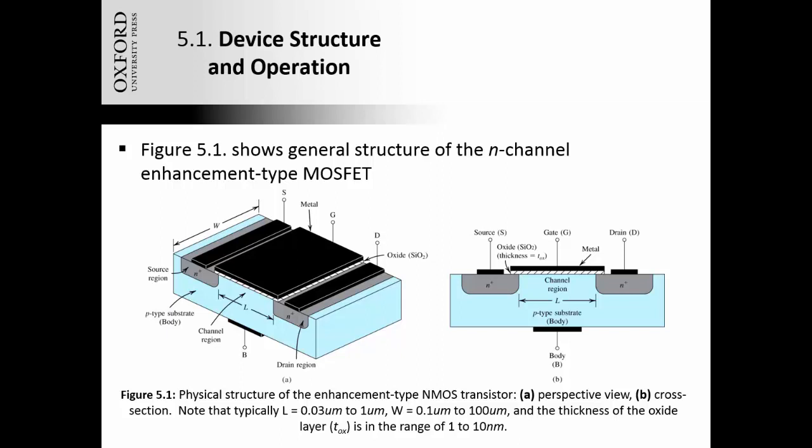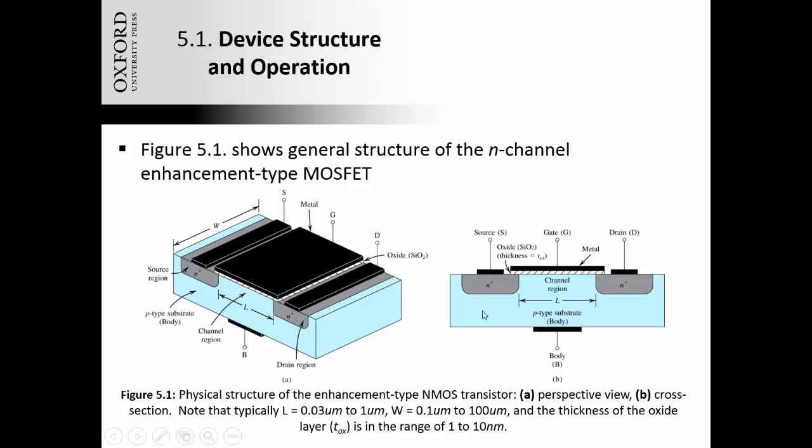But there are devices, depletion mode MOSFETs, that actually start out as having a channel, even without the application of a gate voltage, and then you can deplete them by applying the appropriate polarity of gate voltage. You can then turn off the channel. Okay, so again, we'll be looking at the enhancement mode devices.